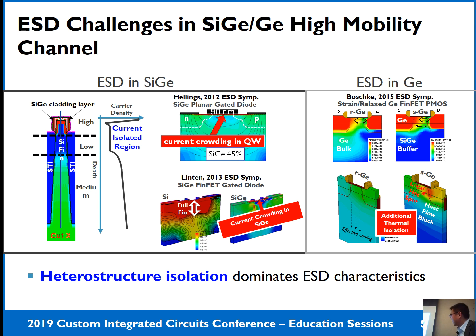And even worse, if the relaxed bulk region is silicon germanium, they will induce additional thermal isolation, because for this alloyed material, the thermal dissipation will be less than pure silicon or pure germanium. So it will induce additional thermal isolation in this structure.